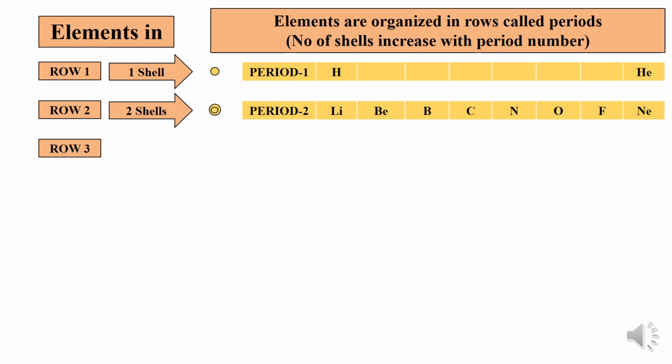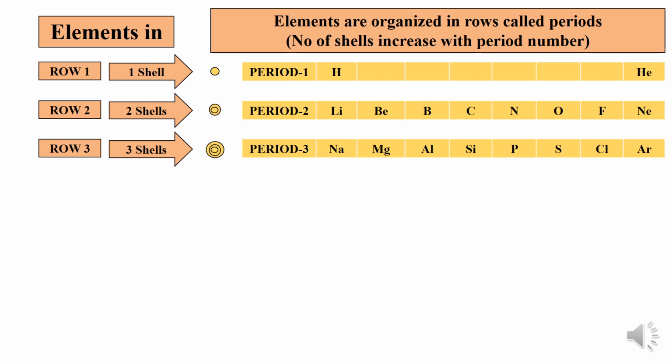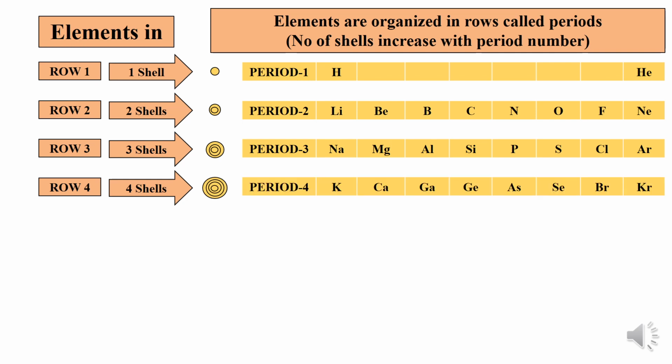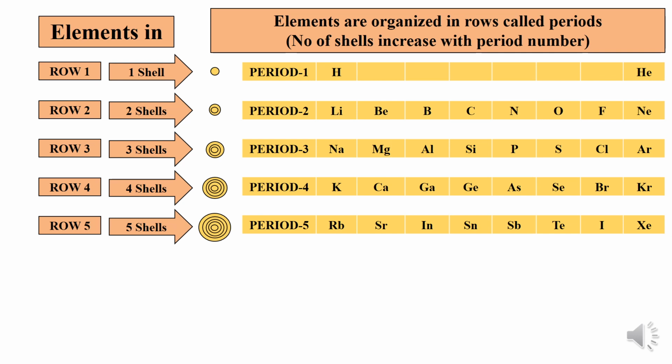Elements in row 3 have 3 electron shells and are called period 3 elements. Elements in row 4 have 4 electron shells and are called period 4 elements. Elements in row 5 have 5 electron shells and are called period 5 elements.